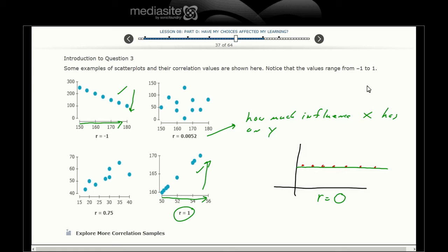But over here, what's it saying? This one says, as X increases, what does Y do? Y is a constant. So in this last case, X has no influence on Y. So if there's no influence on Y, then there's no correlation. That kind of goes along with here. Okay.